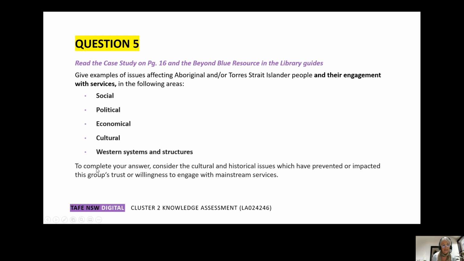It says here clearly, this is a good tip. To complete your answer, consider the cultural and the historical issues which have prevented or impacted this group's trust or willingness to engage with mainstream services. But read the case study on page 16 and this great resource, and you'll be able to answer the question.